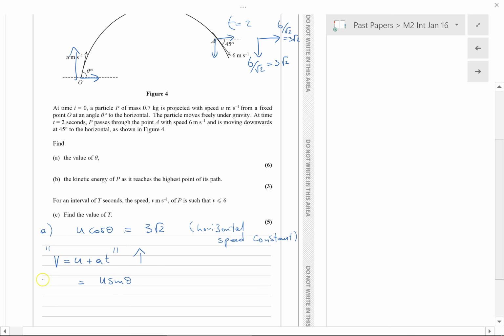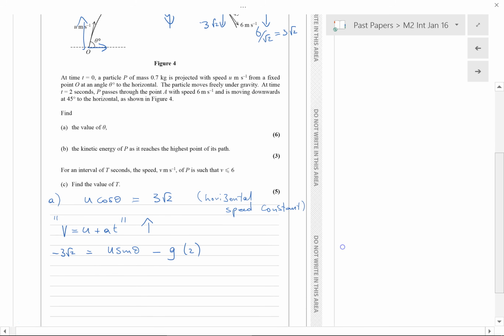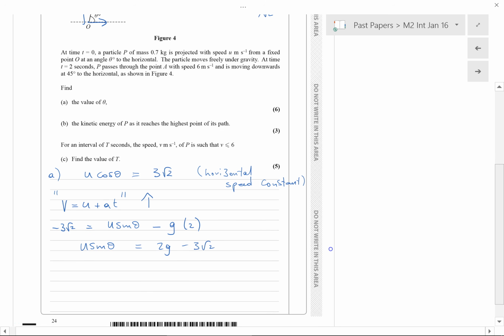The final, be careful, it's going downwards, so it's minus 3 root 2. But so is gravity, so it's minus g times 2, because we're told it takes 2 seconds. So that gives us u sine theta is equal to 2g minus 3 root 2.